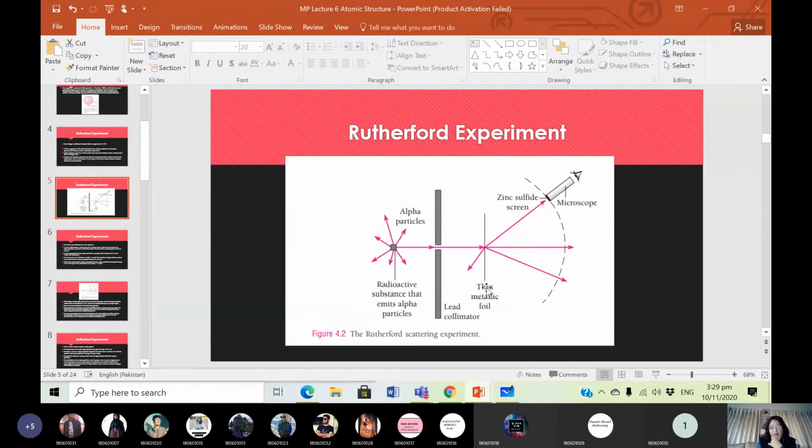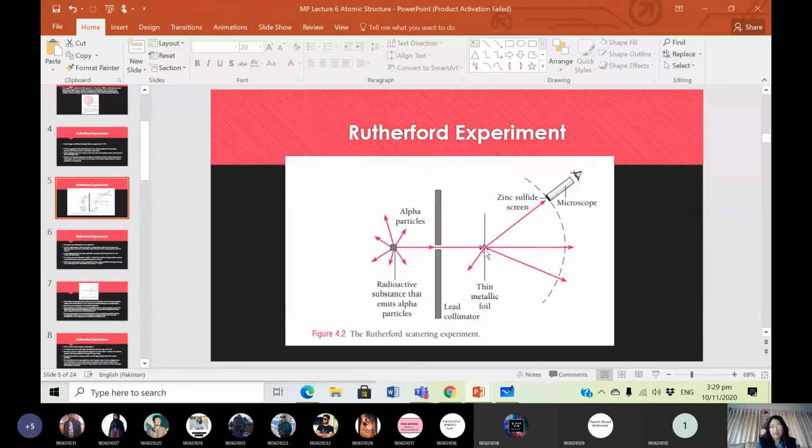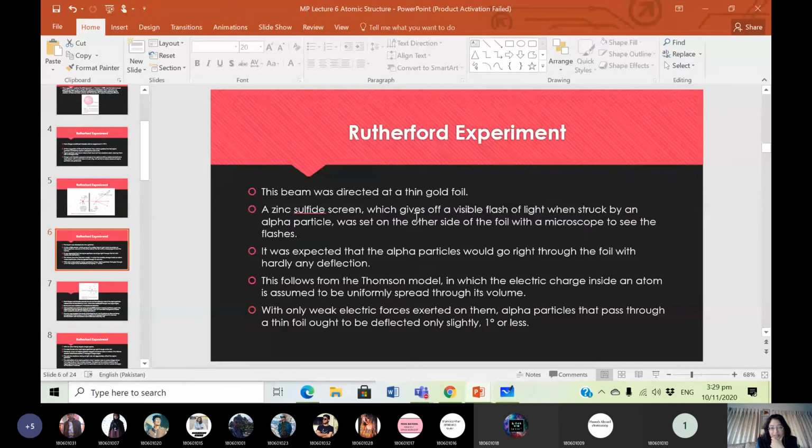We have a thin gold foil here, and then a curved zinc sulfide screen, which gives a flash of light every time it is struck by an alpha particle. Then we can view the flash of light using the microscope, and the microscope is also movable. We can move it around here, okay? So this is the setup for Rutherford's experiment.